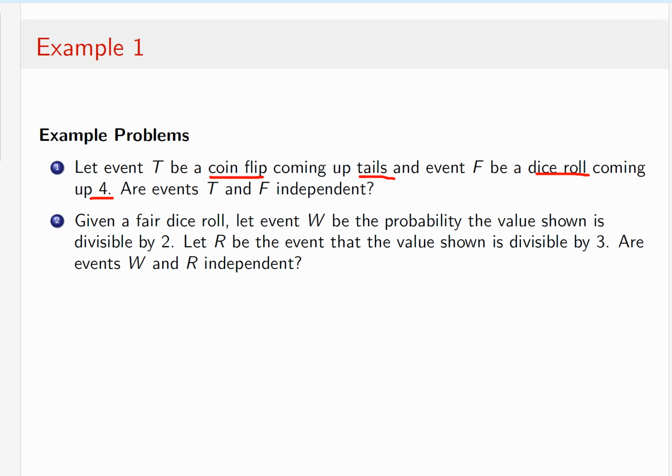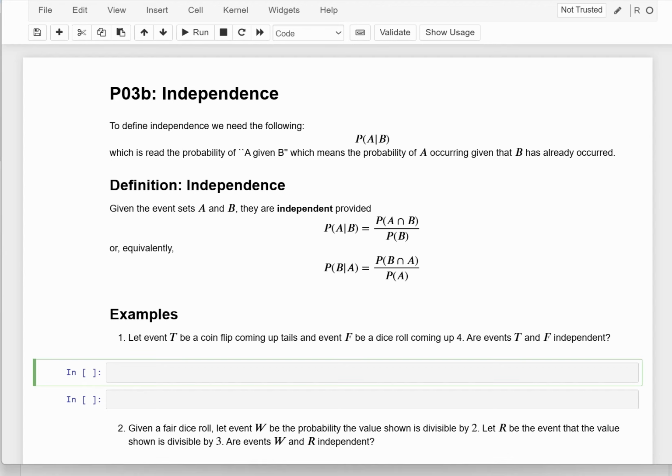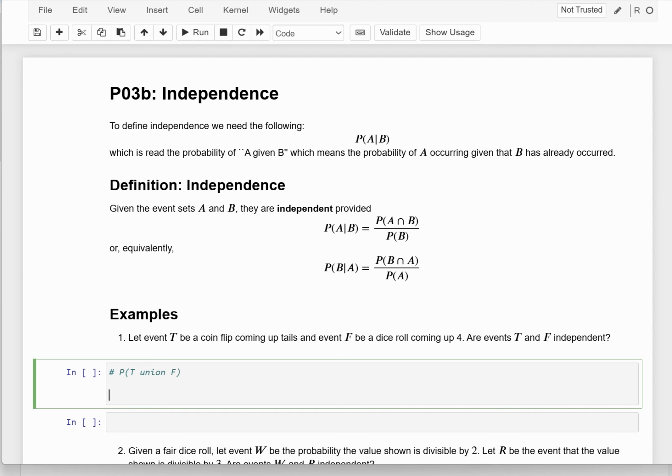Right, and we can jump into our correctly named notebook here. So what do we have? We have the probability of T and F. I'll just put that in, I'll comment that out. What are we doing here?